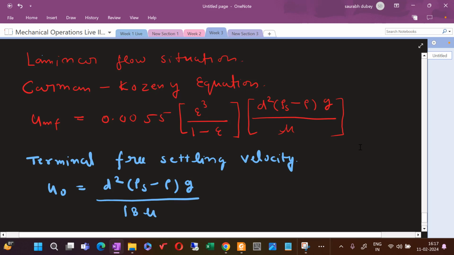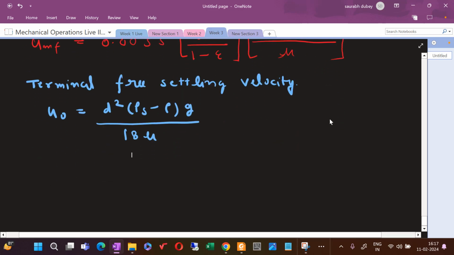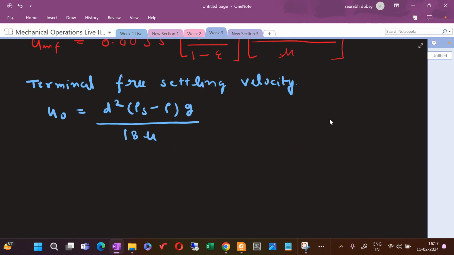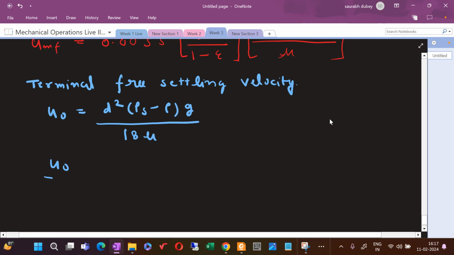Okay, so this says u_0 divided by u_mf. This was equation 1, this is equation 2.